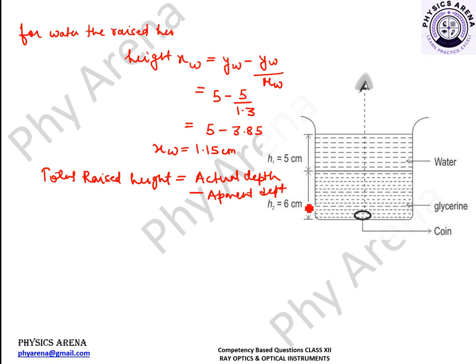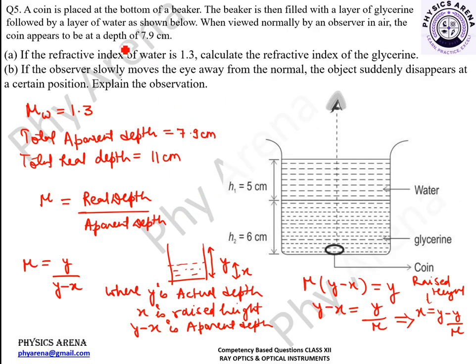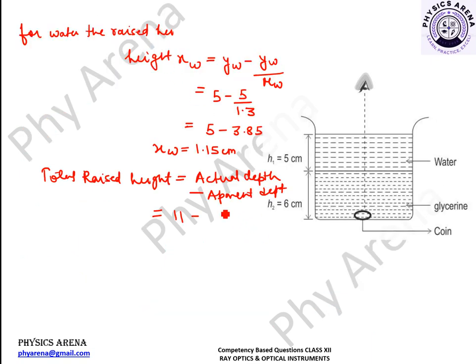Actual depth is 11 centimeter because the beaker is filled with water and glycerine up to a height of 11 centimeter. So that will be equal to 11 minus apparent depth. And in the question, it is given that the coin appears to be at a depth of 7.9 centimeter. This is our apparent depth. So it will give us 3.1 centimeter as the total raised height.